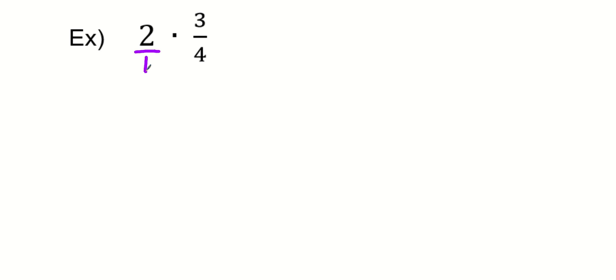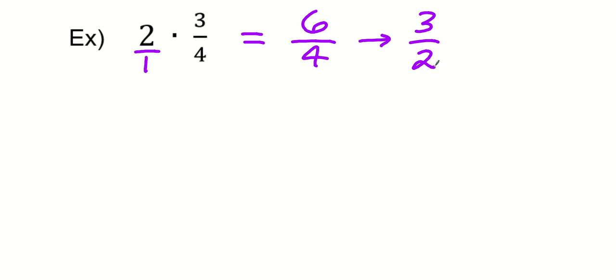So now that it's 2 over 1, now we can do numerator times numerator and denominator times denominator. So 2 times 3 is 6, and 1 times 4 is 4, and does 6 over 4 reduce? Yes, it does. 3/2. Next.